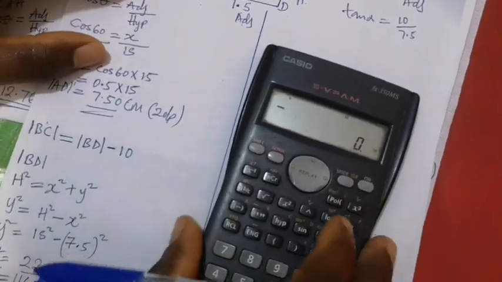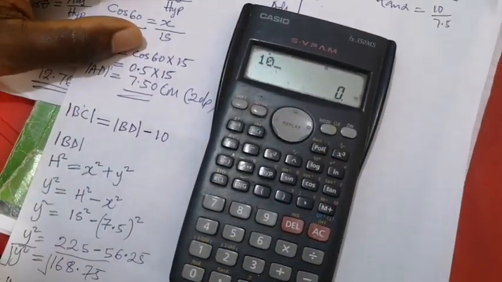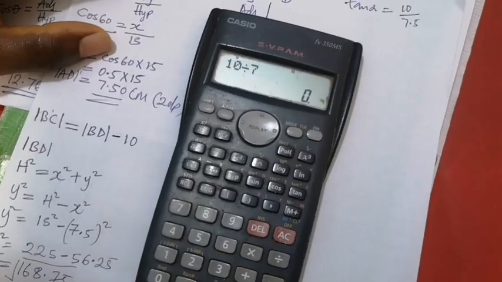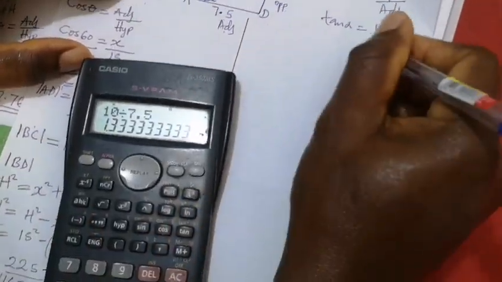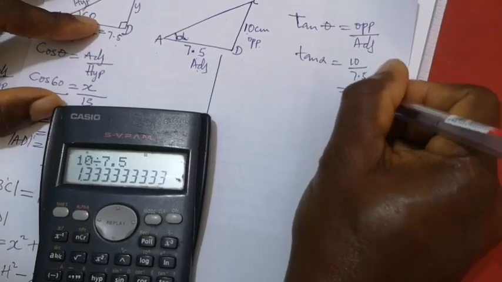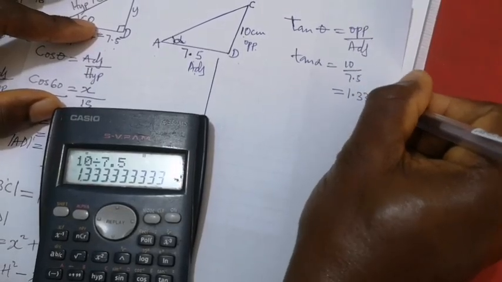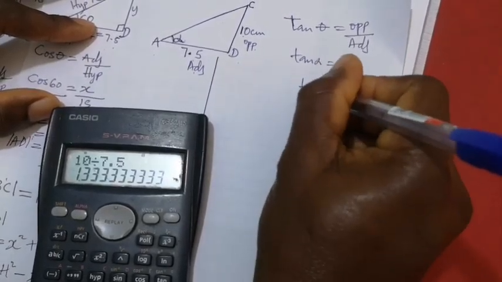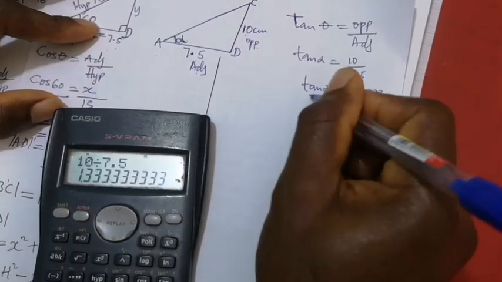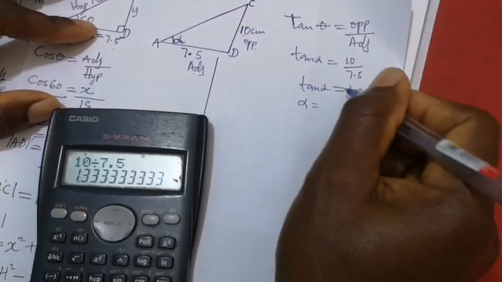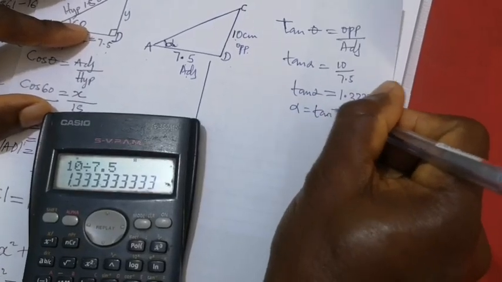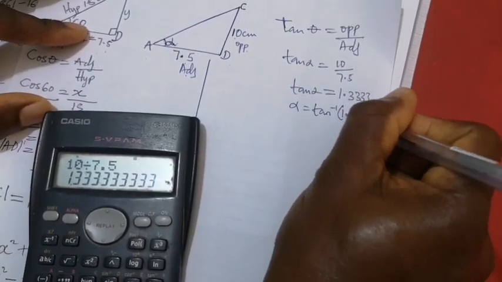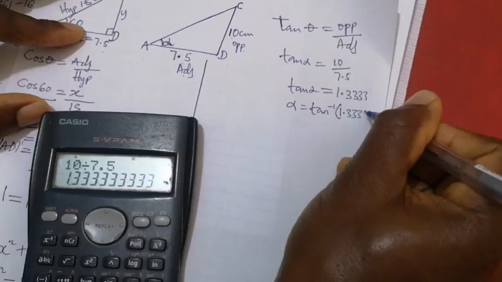Okay, so 10 divided by 7.5 is equal to 1.3333. So tan alpha is this. Then alpha alone will be tan inverse of 1.3333.